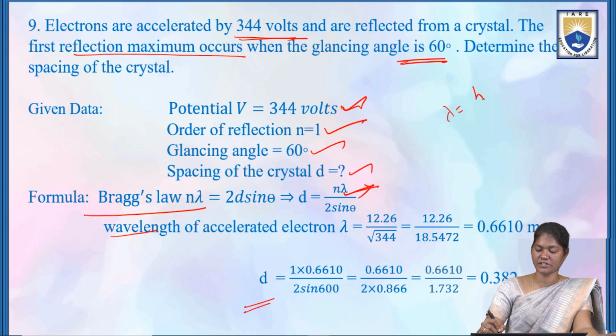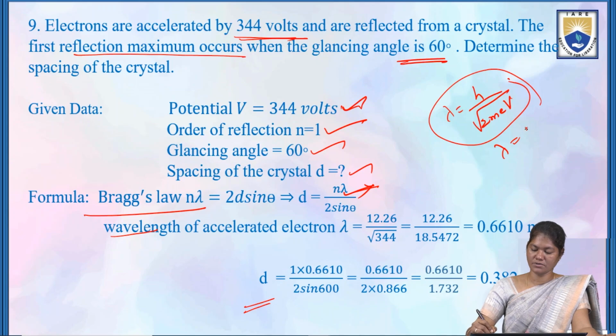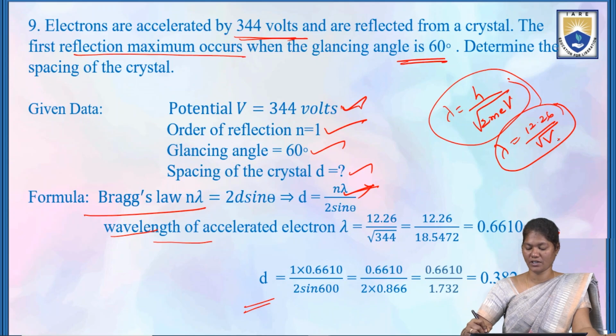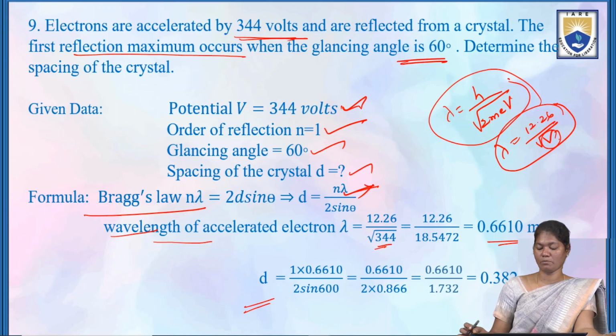So usually lambda is equal to h by root of 2meV. In this case, when substituting the values of mass, charge and Planck's constant, the lambda comes to 12.26 into root V. So the accelerated electron wavelength lambda is equal to 12.26 divided by root V. So V is 344, so 12.26 divided by root of 344 is equal to 0.6610 meters.